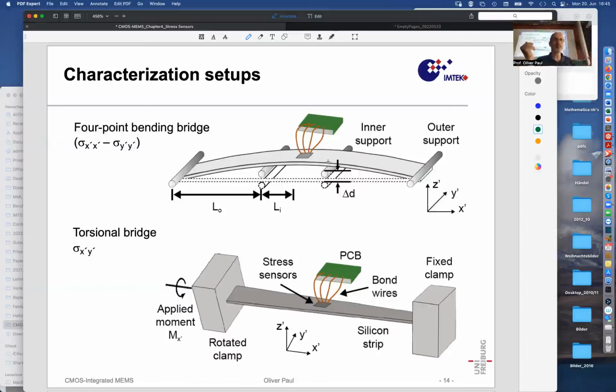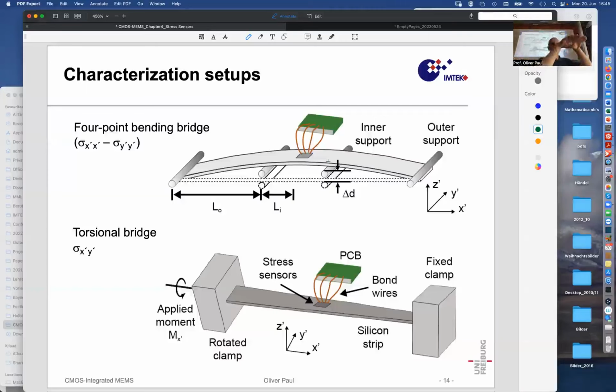If you did a simple experiment, quick and dirty, as people like to do also, that's also good to get some first idea of some things. You would just hold the stripe, clamp the stripe on one end, and then load it on one side, push it down, you also get a curvature, but that curvature depends on the location.